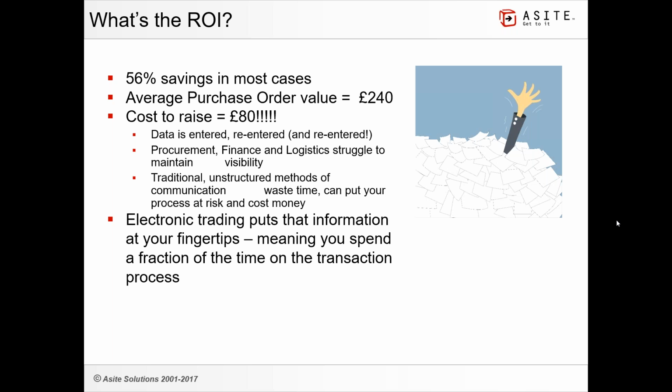And by integrating their purchasing application with Asite and enabling most of their supply chain, Laing O'Rourke are now able to reduce invoice processing costs, or let's say purchasing department costs, by up to 56%, resulting in an overall anticipated savings of 25% per transaction. And if you think of what a contract of that size manages to procure in a single financial year, those numbers do start to add up.